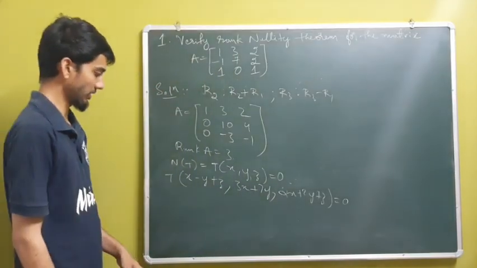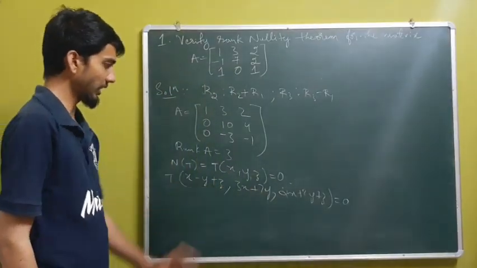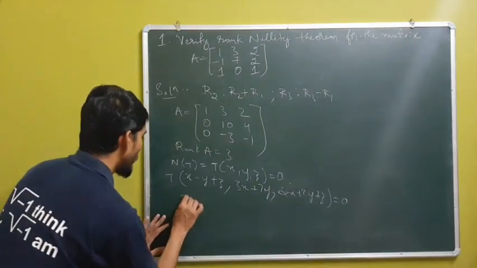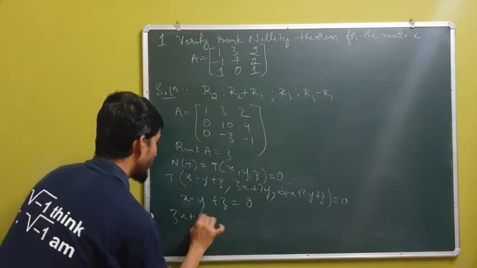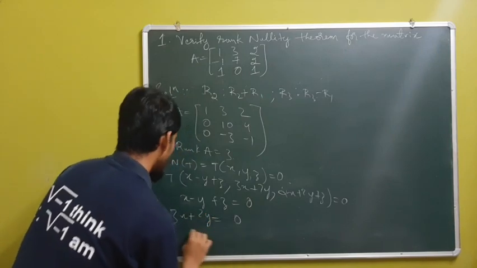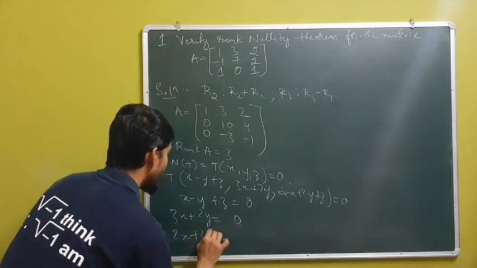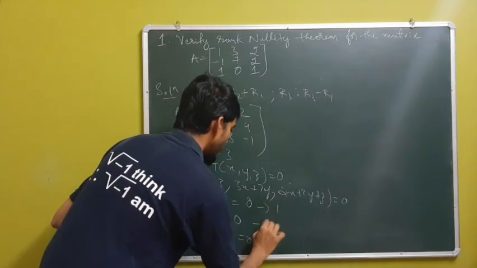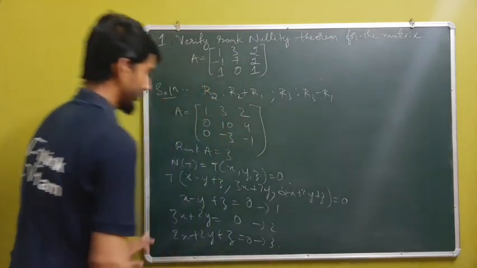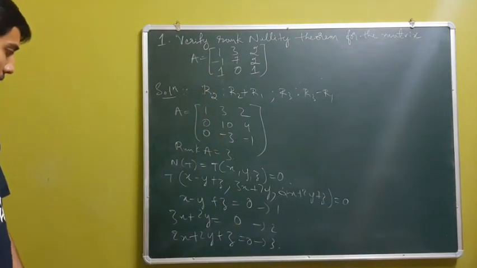So this is the equation. Now equating each coordinate to 0, we have x minus y plus z equal to 0, 3x plus 7y equal to 0, and 2x plus 2y plus z equal to 0. Call them equations 1, 2 and 3.